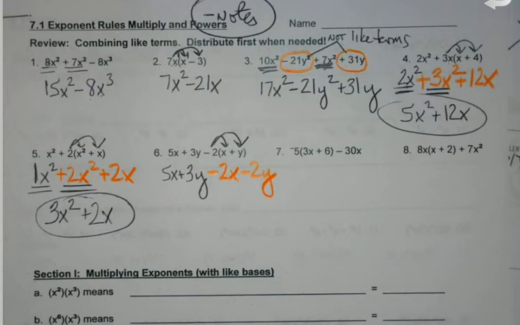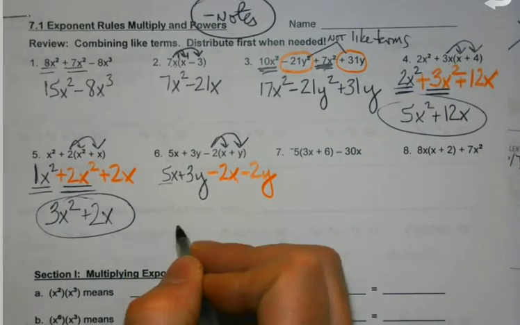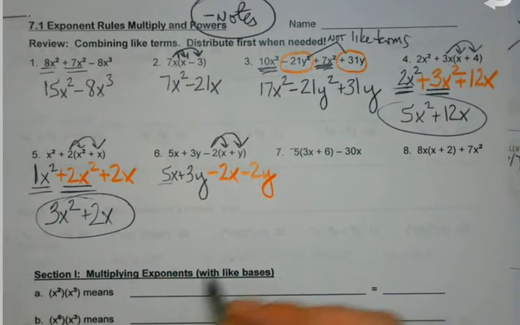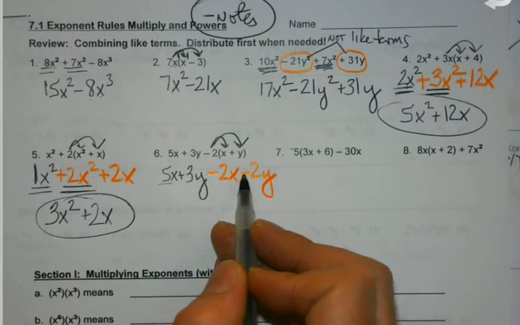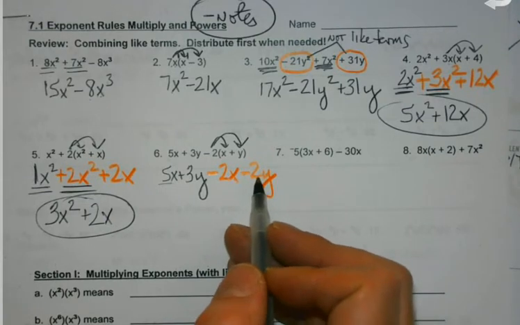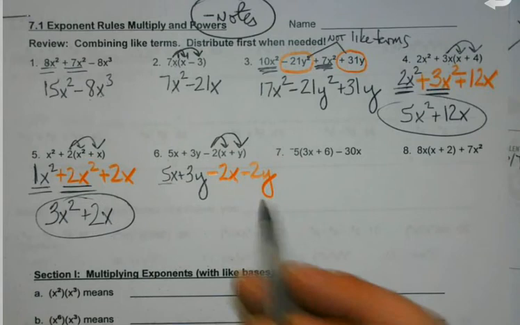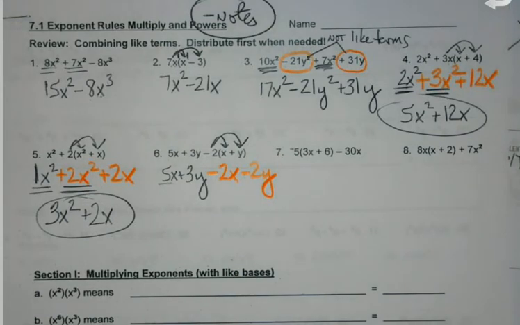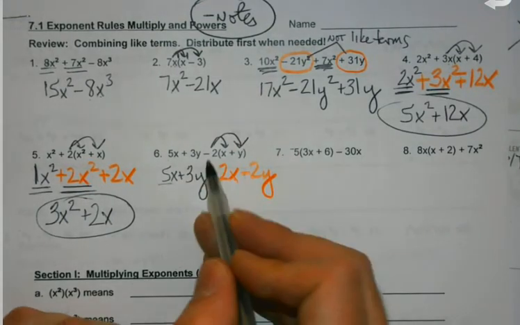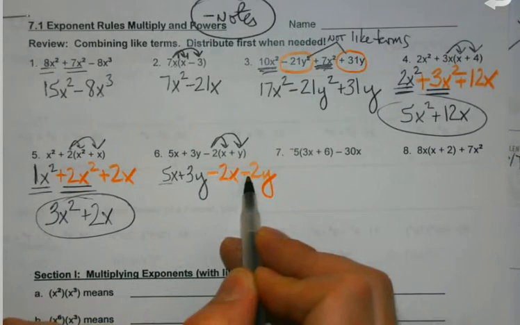So once I do my distributing, now what? Why aren't you putting the plus? In here, if I wanted to put plus negative 2y, I could, but what I've tended to find is most of the time when we put plus and negative, people want to start adding instead of doing the negative part. So I just noticed that if it's a negative times a positive, I get a negative.